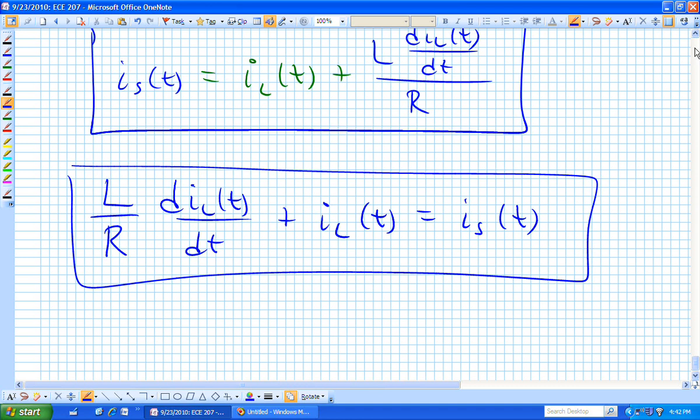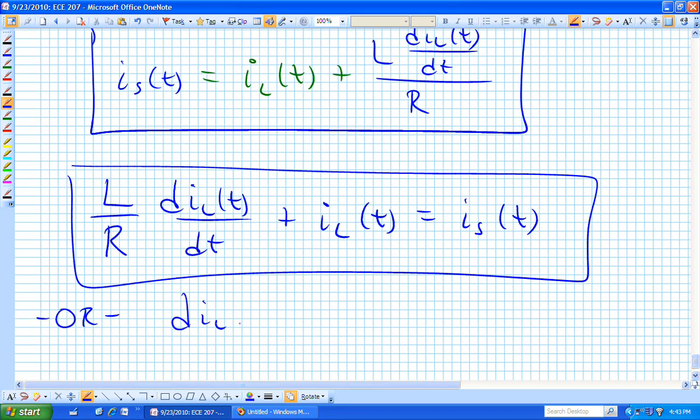Which is what we expected. We had one energy storage device. If I multiply both sides through by R over L, I'm going to normalize the coefficient on that highest derivative. I'm going to make it monic. It's going to become 1.